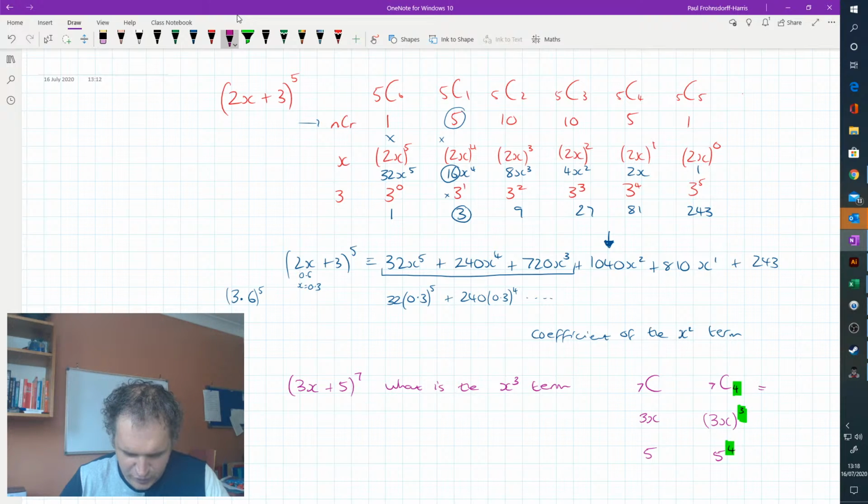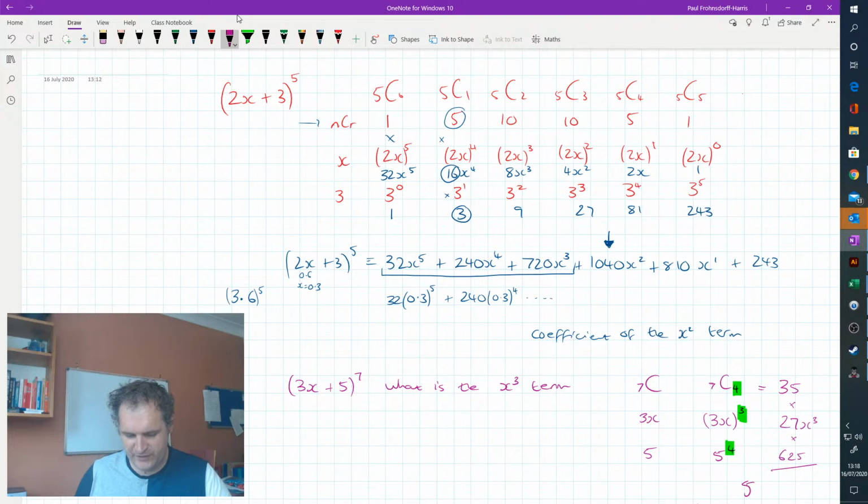7c4, I use shift divide on my calculator, and it gives me 35. And 27 x cubed. And 5 to the power 4 is 625. So we get 35 times 27 times 625, and you do get huge numbers here.